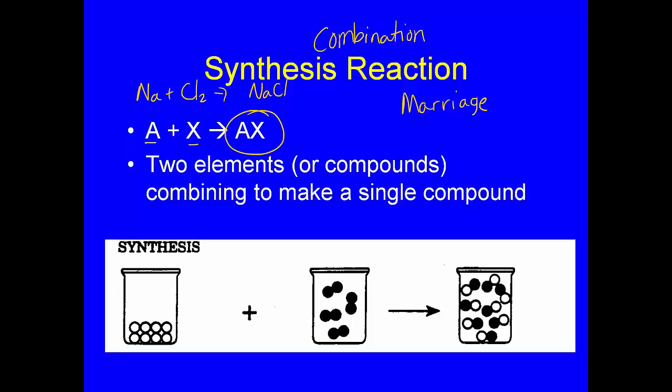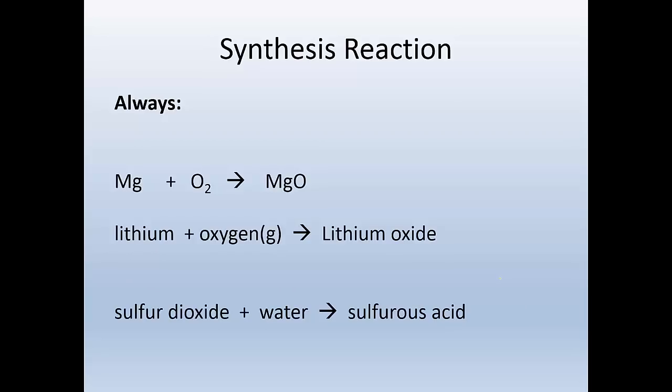But what happens is really important. So here's our picture of it. One thing combining with another thing to make one brand new thing. Okay, so always, how can I look at this and know? Look at the product. This is a bad font.